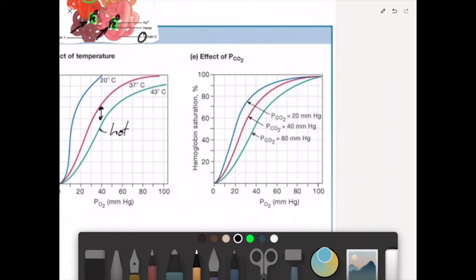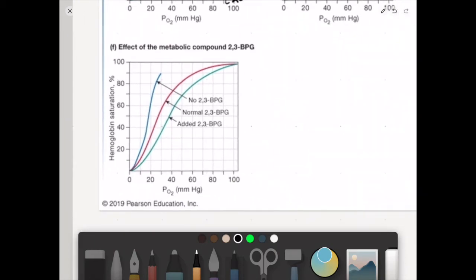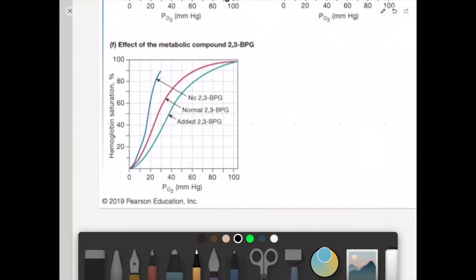Carbon dioxide itself decreases the affinity of hemoglobin for oxygen. So if you're making carbon dioxide, regardless of whether it becomes bicarbonate, it's going to cause oxygen to jump off of the hemoglobin. And a compound that is made as a byproduct of aerobic activity, diphosphoglycerate, or as they write here, biphosphoglycerate. BPG is a byproduct of aerobic respiration.